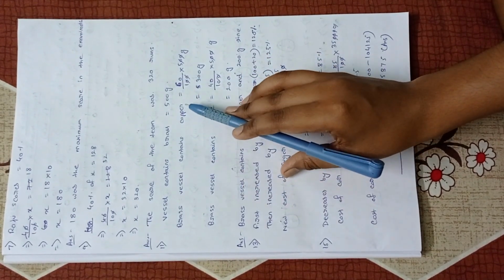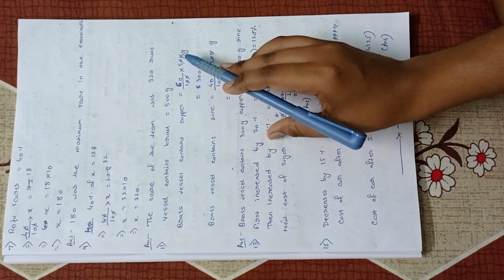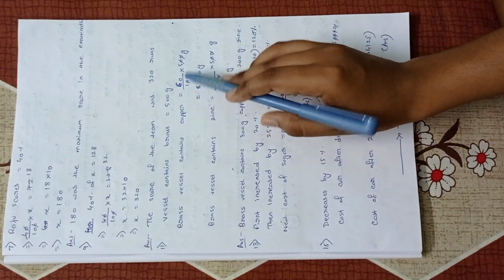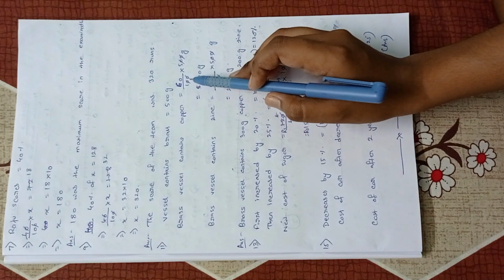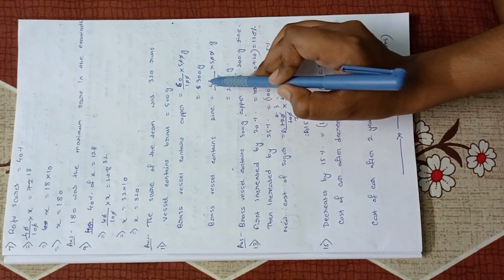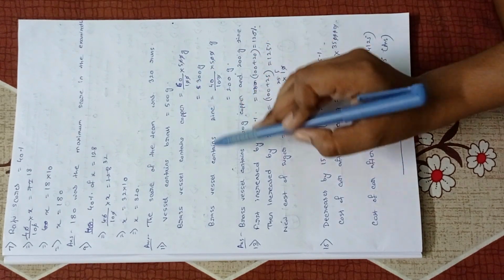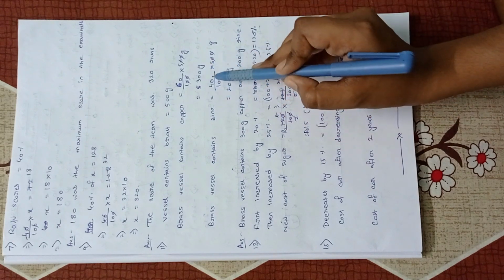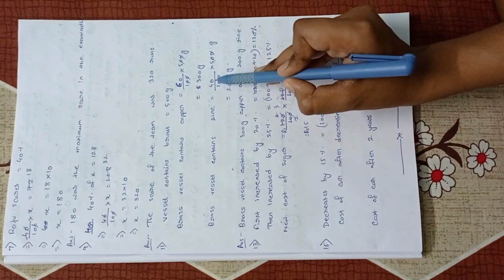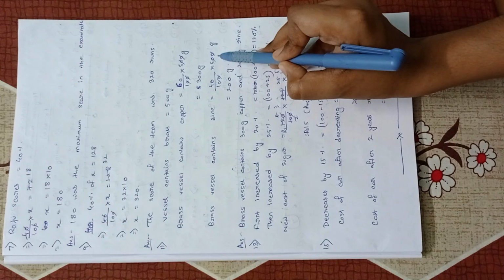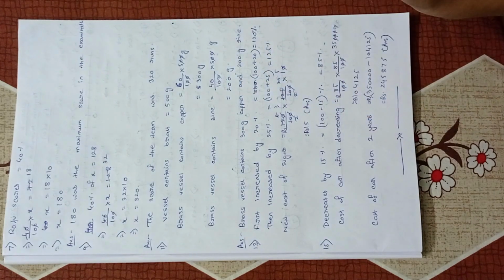And it contains copper, that means 60% of 500 gram, and by cutting the zeros we will get 300 gram of copper. And same procedure for zinc, it is said 40%, so 40 by 100 multiplied by 500 we will get 200 gram, and hence this is the answer.